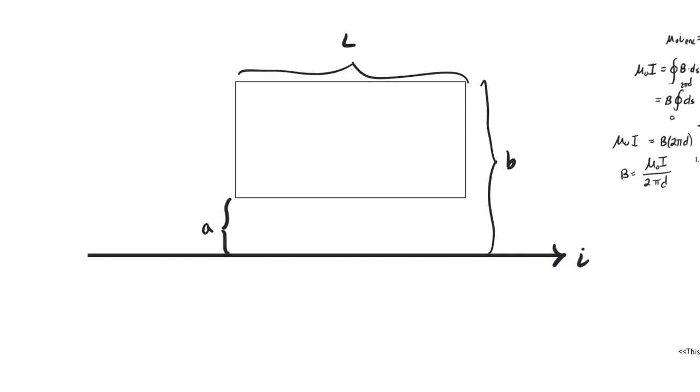Yeah? Well, we already have an expression for the magnetic field from the wire. All right, that's what we would have gotten from Ampere's law. And based on what I'm seeing in this picture here, the magnetic field would be out of the board on top of the wire, but getting weaker.